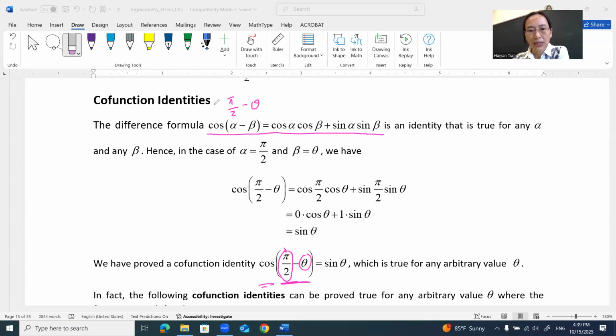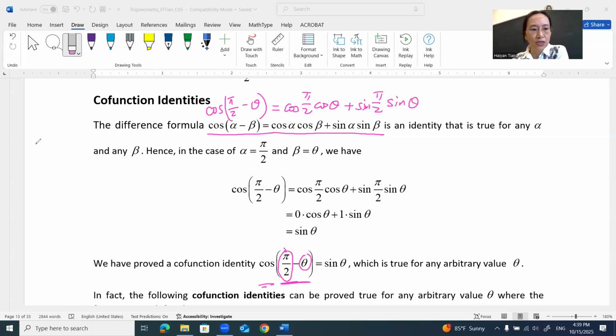So now we just apply the identity to this specific case, when alpha is half of pi and beta is theta. Every time you see alpha, you replace it with half of pi. Every time you see beta, it is theta.